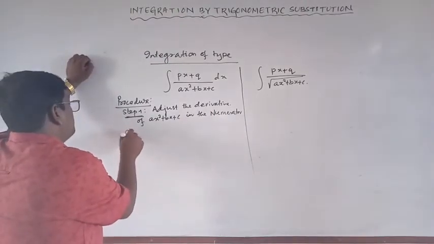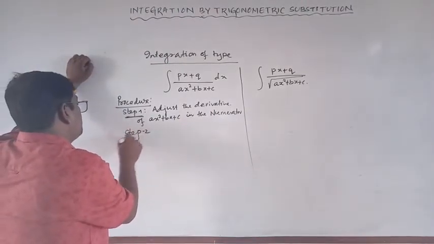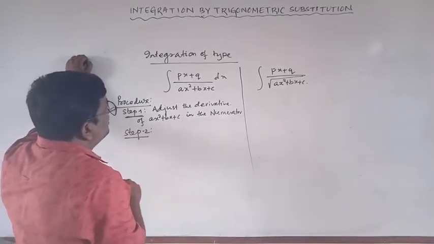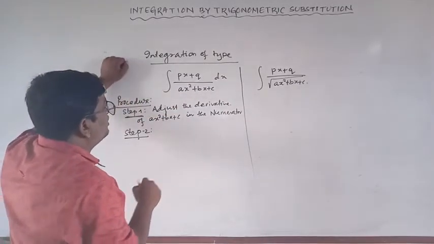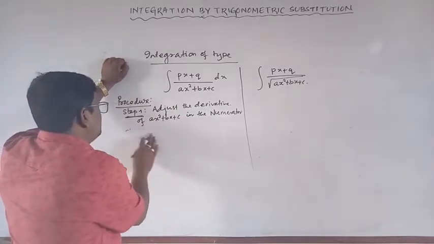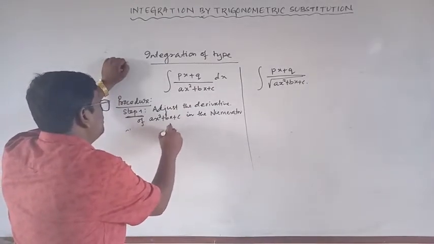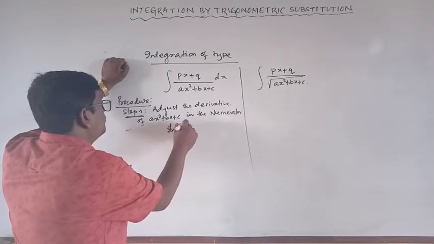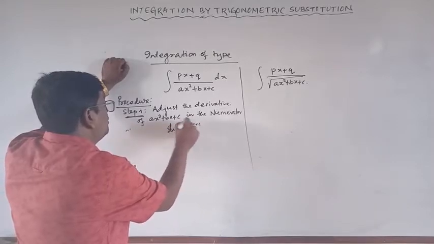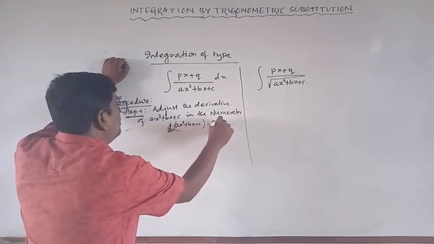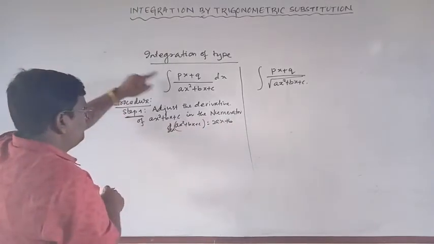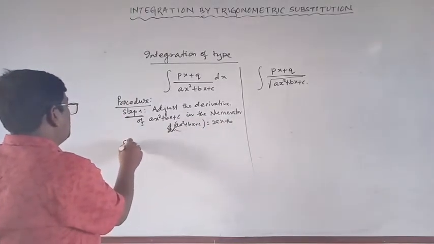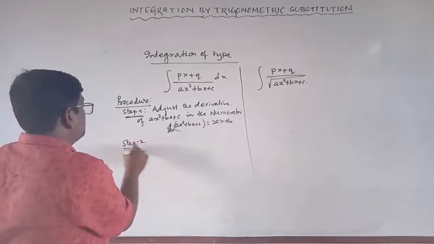What is the derivative of ax square + bx + c? That is d by dx of (ax square + bx + c), which is equal to 2ax + b. So adjust in the numerator.